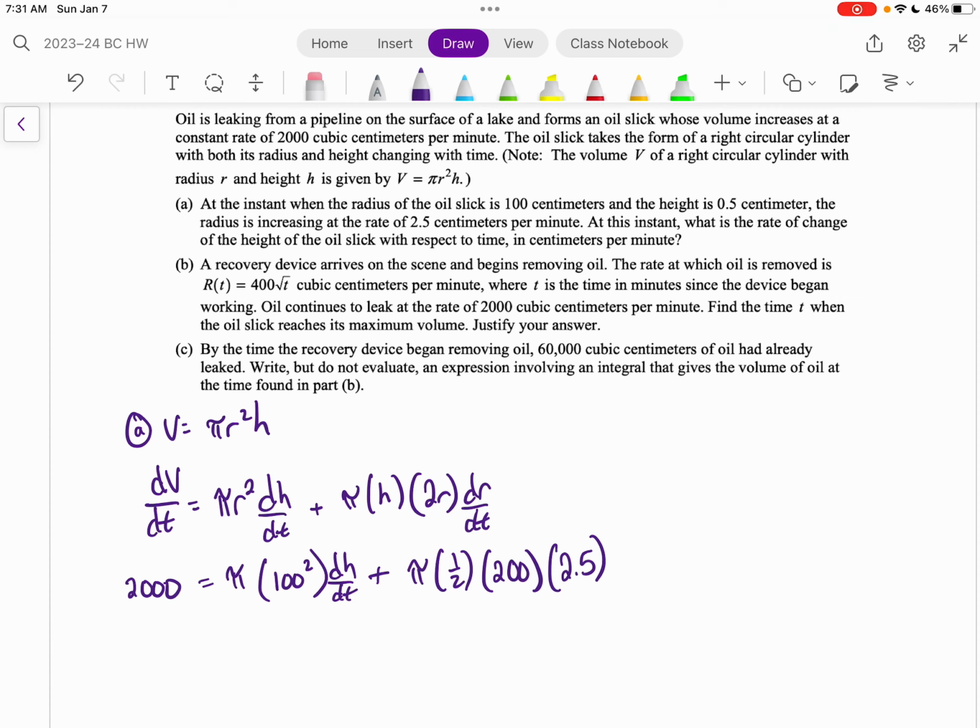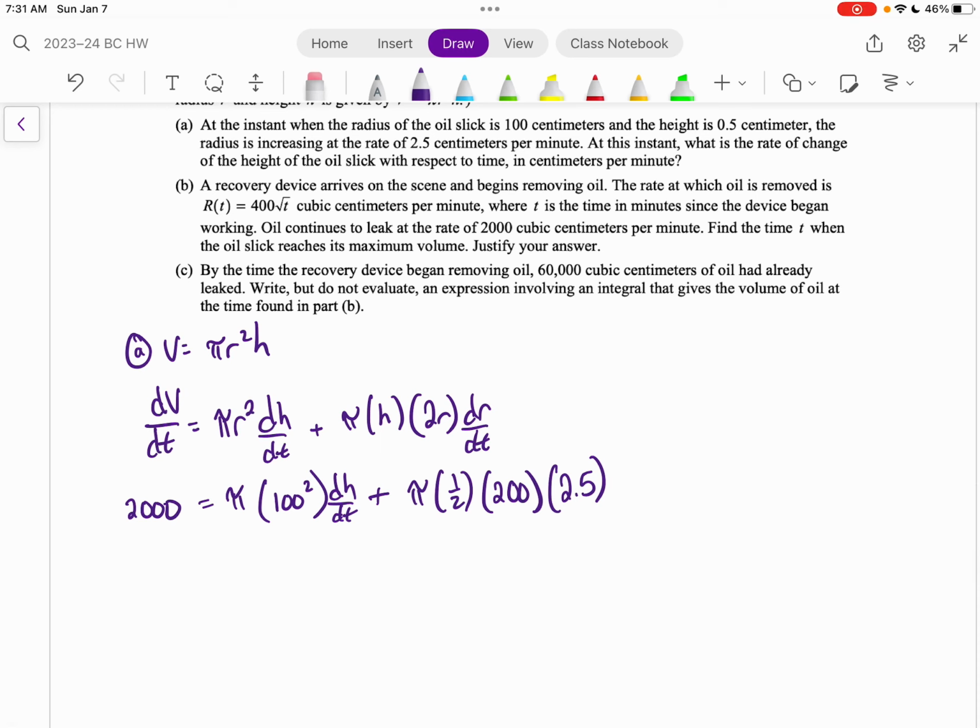That's massively unpleasant to do. Yikes. So this is going to be a decimal. I'm guessing this was a calculator active problem. Or maybe they were just happy with you doing this without that.